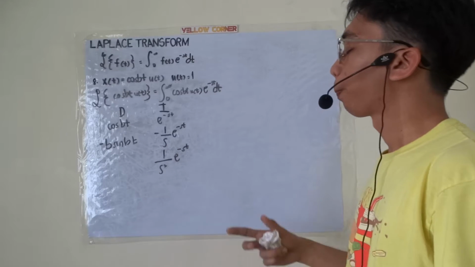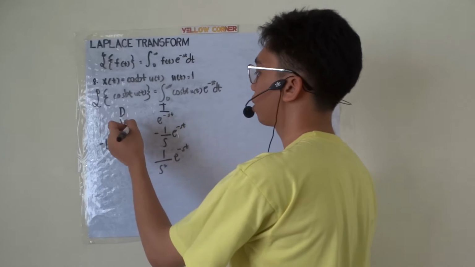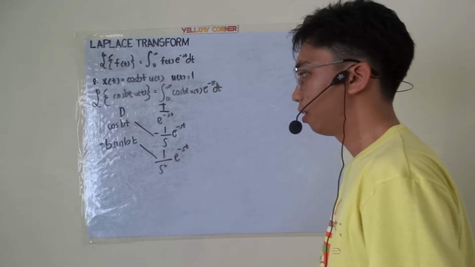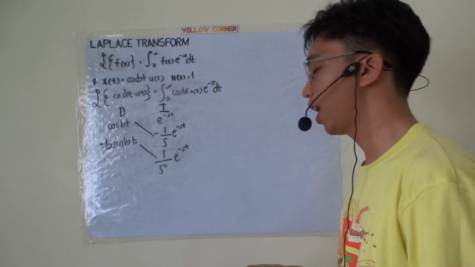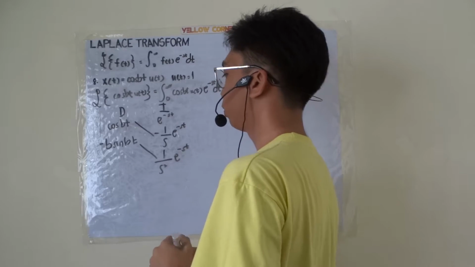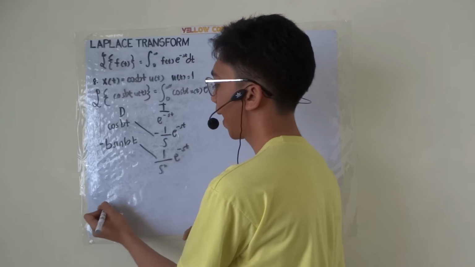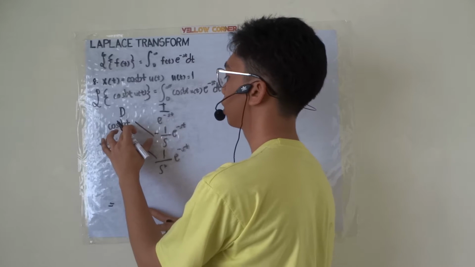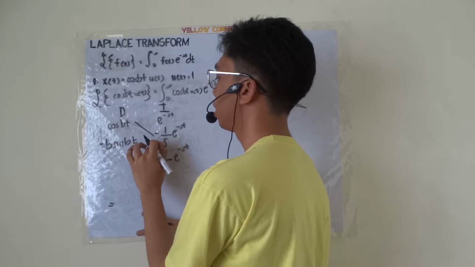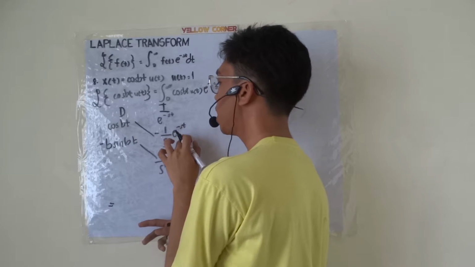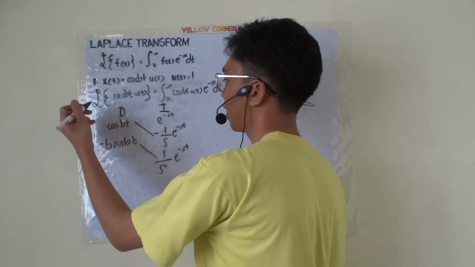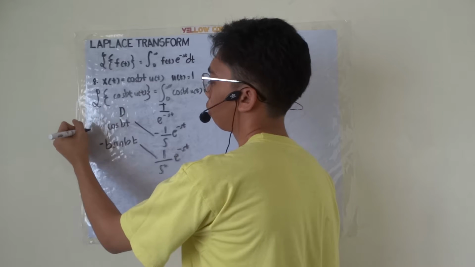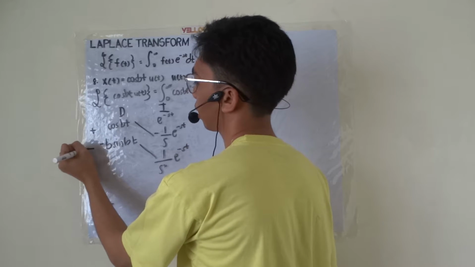And performing the matching of our method, the tic-tac-toe method, or the tabular method, we will multiply each term, having cosine bt times negative 1 over s e raised to negative st, and having the sign convention of positive and negative here.